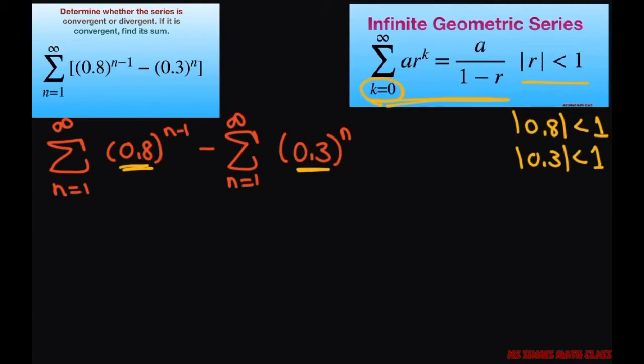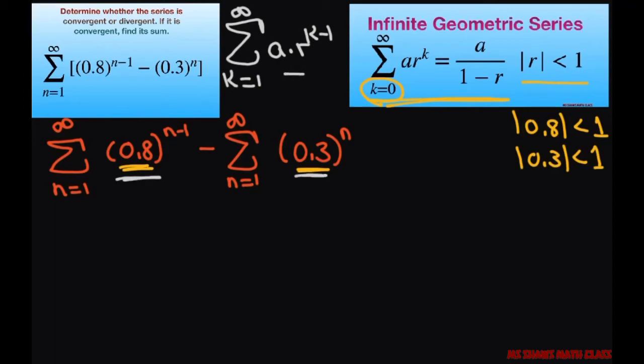So for this first part, this is the same as if I write k equals 1 to infinity. If I start with 1, then this would be a times r to the k minus 1. So basically, I can use this formula for this one.